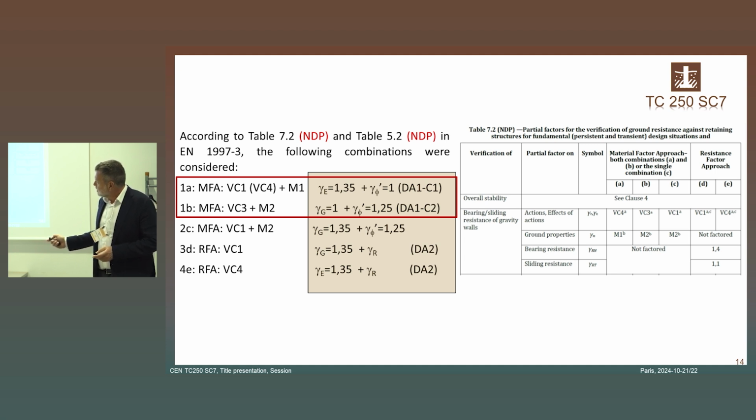If we apply design combination number 1, we said we have to repeat in 2 different conditions, 1A, 1B. Using what is written in the table before, we get a factor on the effect of actions that is 1.35, and on the other side a factor that is applied on materials equal to 1.